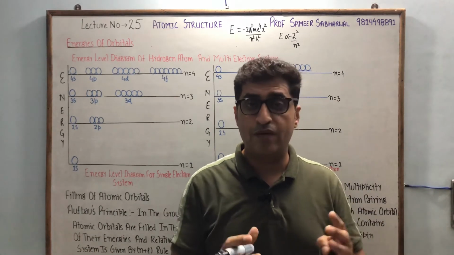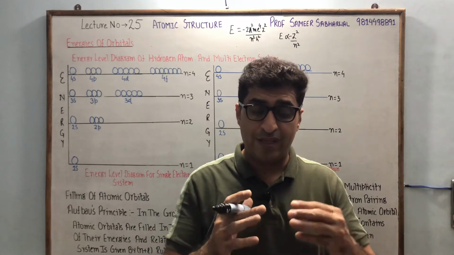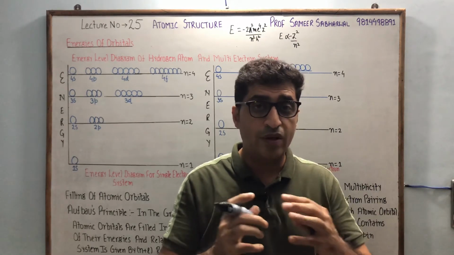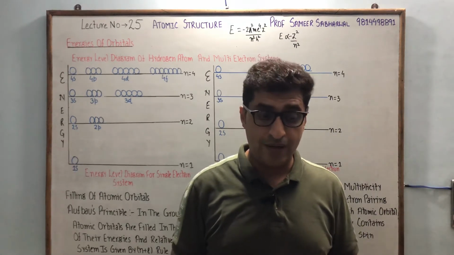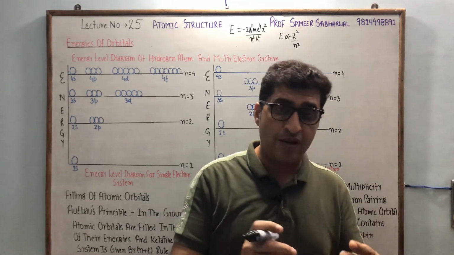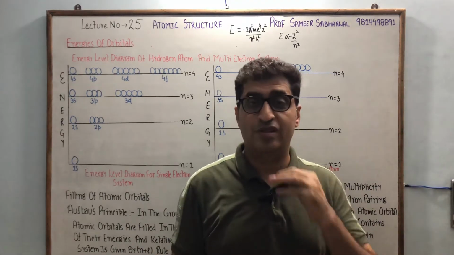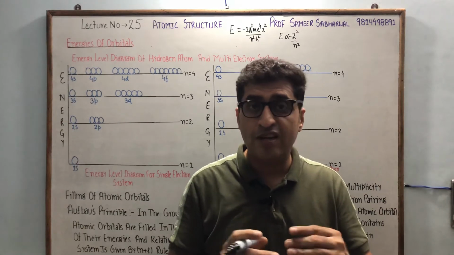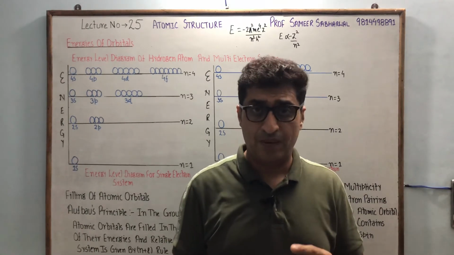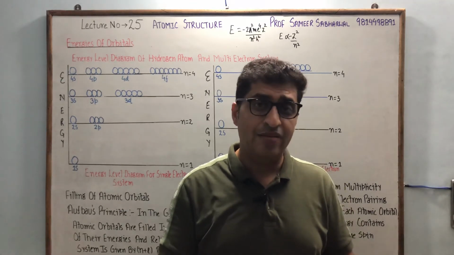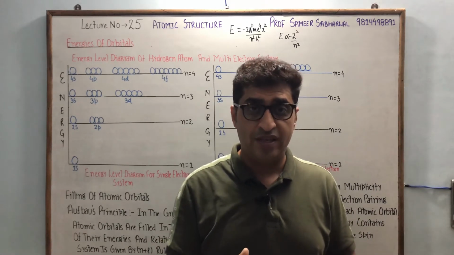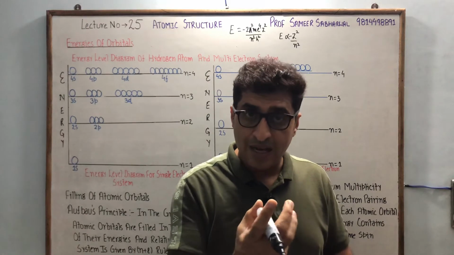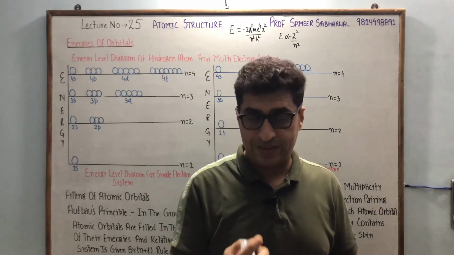Because of the number of electrons, we expect inter-electronic repulsions, right? Nuclear electronic interactions and inter-electronic repulsions, due to which there will be a difference in the energies of different subshells.